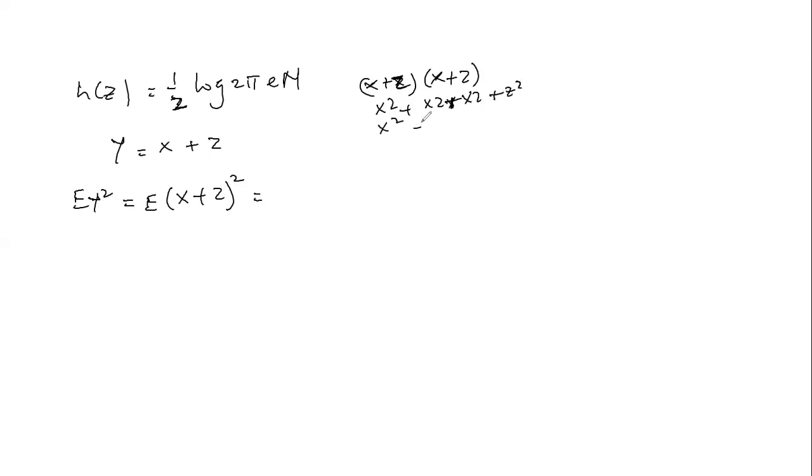So that's X squared plus 2XZ plus Z squared, right? So it means that this is going to give us the expectation value of X squared plus 2 expectation of X, expectation of Z, plus the expectation of Z squared.